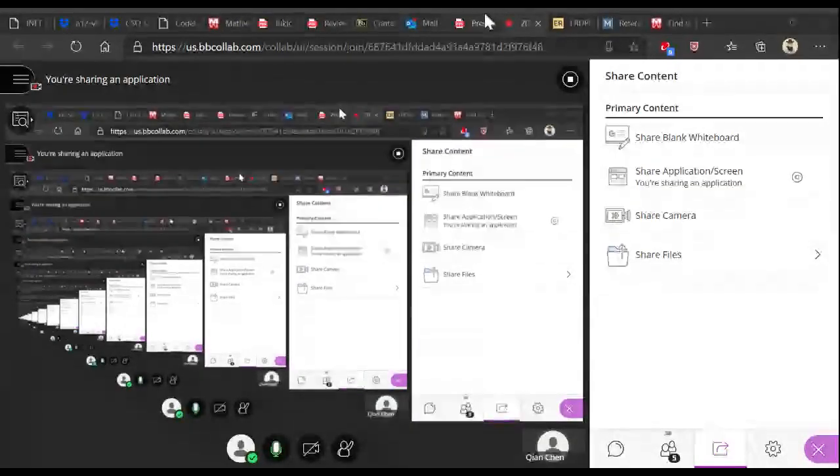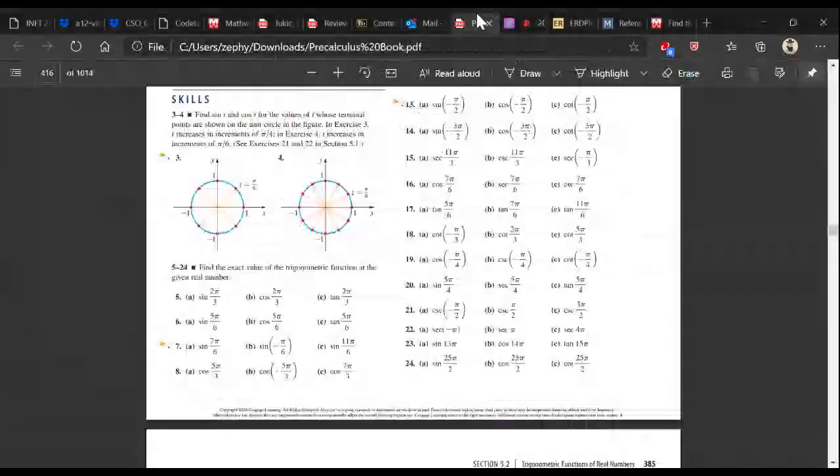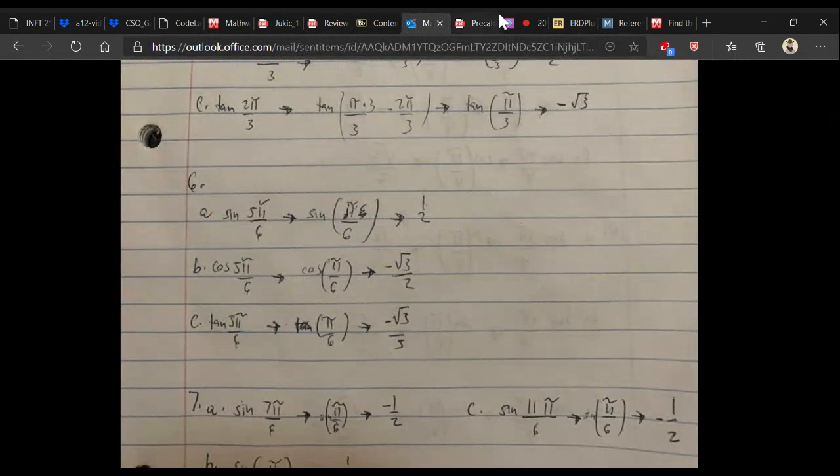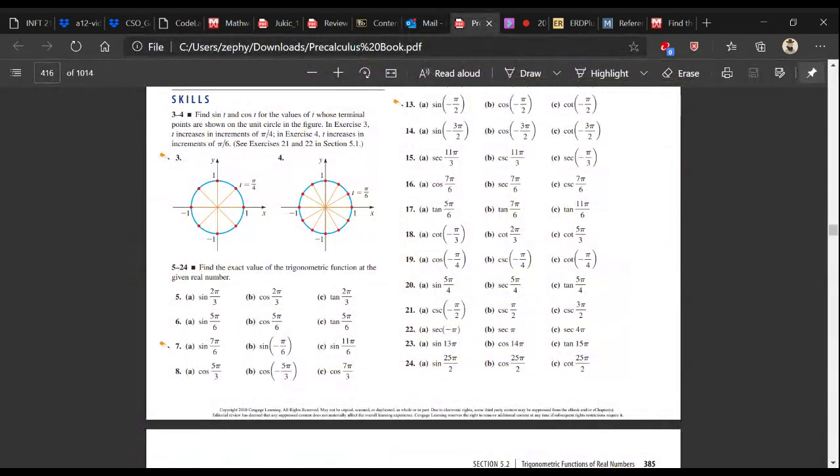Okay. So for homework 15.5.2, it says find the exact value of the trigonometric function at the given real number. So basically, we're finding the exact value for these three. I'll be doing number 6, by using a special table that we needed to learn.